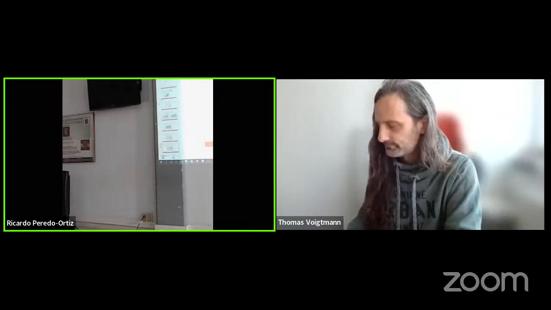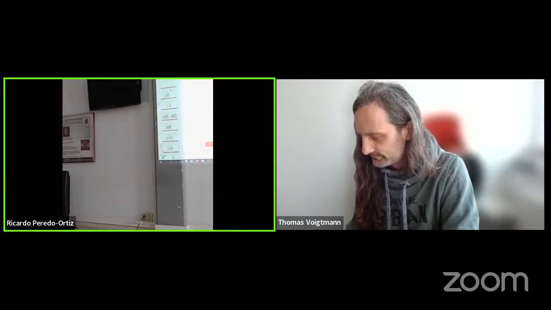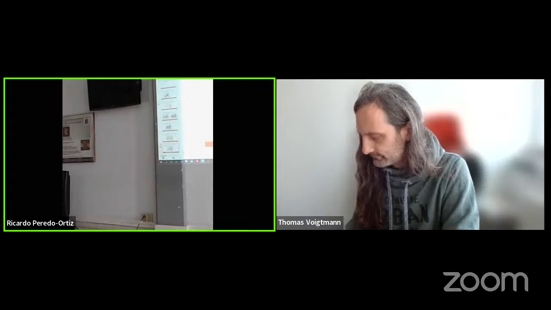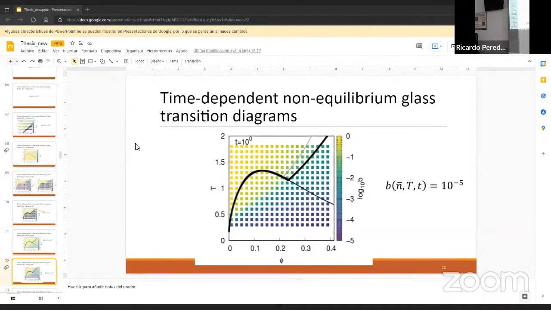There, for example, when you have your tracing, the gray line is the tracing, and the question is, what do you think is happening when the tracing line is reaching the spinodal line? The freezing line is just a reference line in which the mobility is equal to 10 to the minus 1.